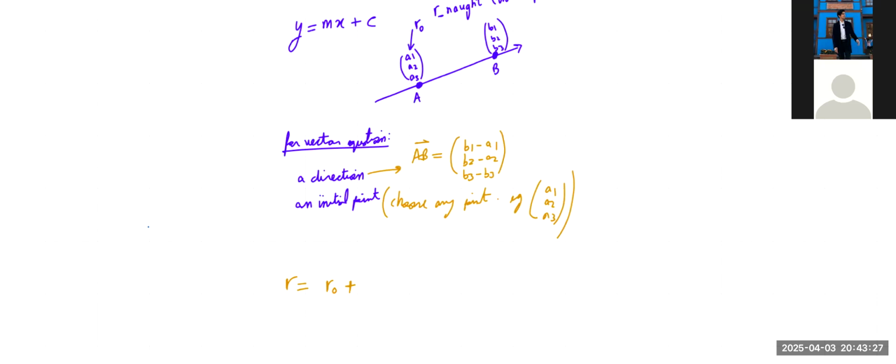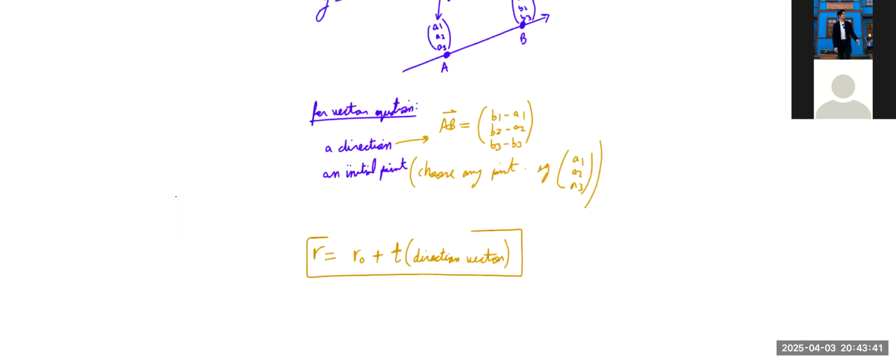So t times the direction, and I don't know the name for the direction, but direction vector. This is how your vector equation will look. This is called a parameter, and I'll explain its purpose in a second, but let's put it together first. So r equals the initial point plus the parameter times the direction vector.